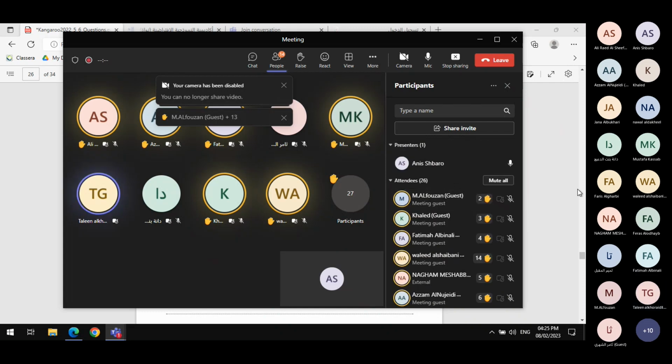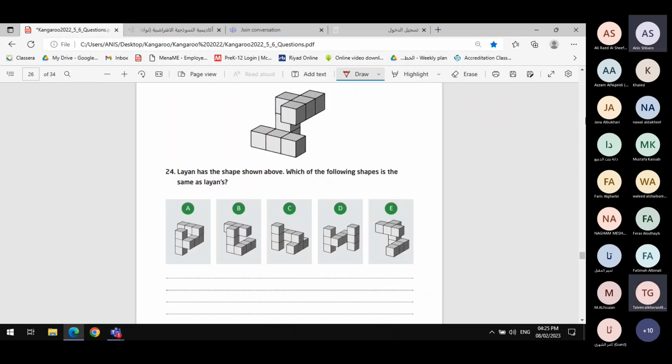Yes, Taline, I want you to read for us number 24, and then you're going to start answering. Yes, of course. Question 24. Layan has the shape shown above. Which of the following shapes is the same as Layan's?